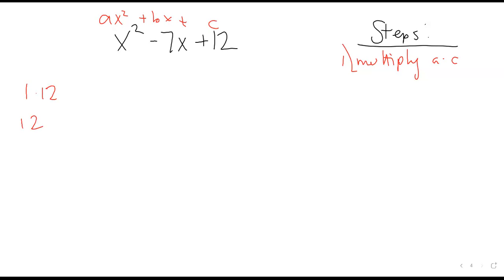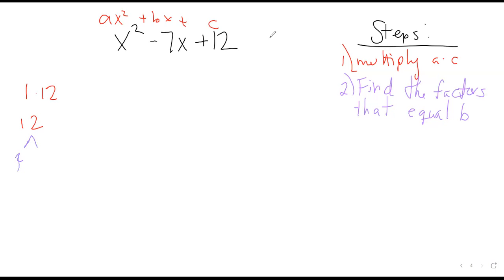Okay. Step 2, find the factors that equal B. So what are my factors of 12? 4 and 3.